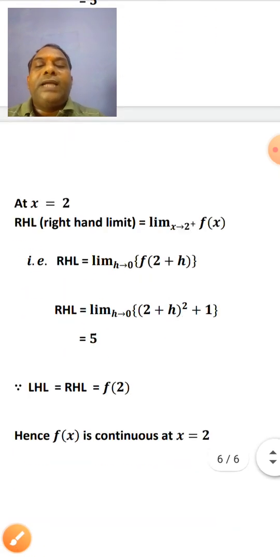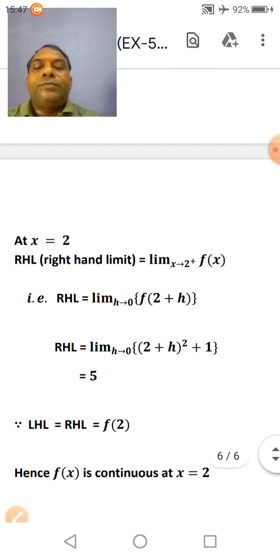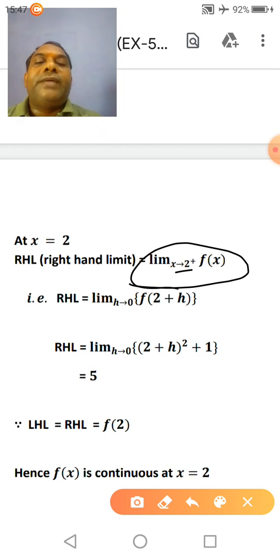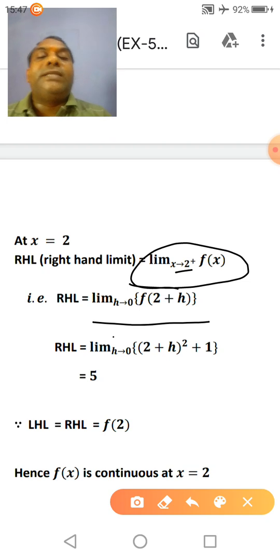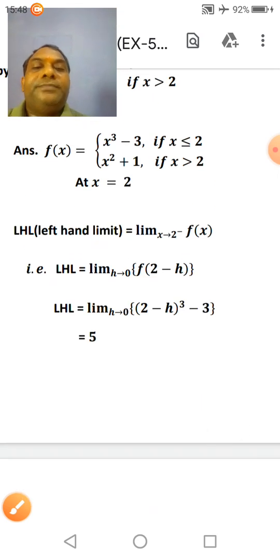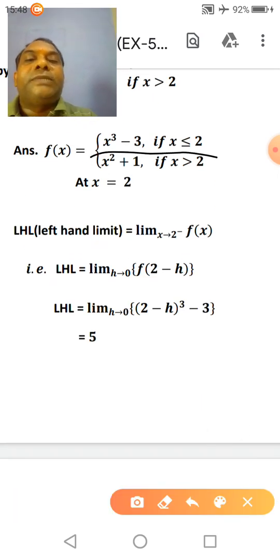Now find RHL. RHL is equal to the limit as x tends to 2 positive of f(x), the limit as h tends to 0 of f(2 + h). In case of RHL, you have to consider the function where x is greater than 2. So when x is greater than 2, the function is x^2 + 1.